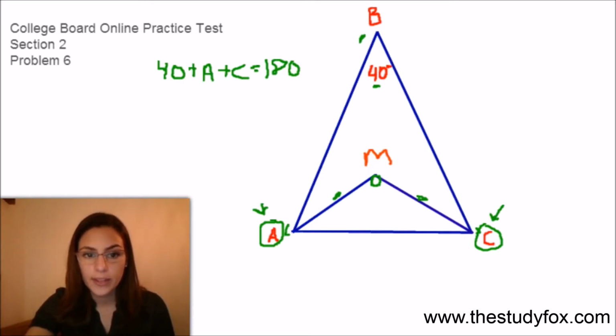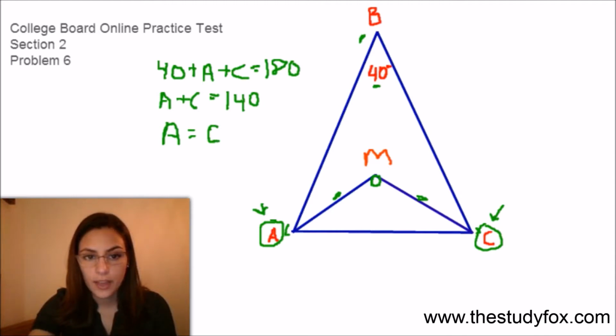If I solve this equation, I'm left with A plus C equals 140, because I subtracted 40 from both sides of the equation. Another thing I know is that A equals C, so I'm going to write that down as one of my facts. A equals C.